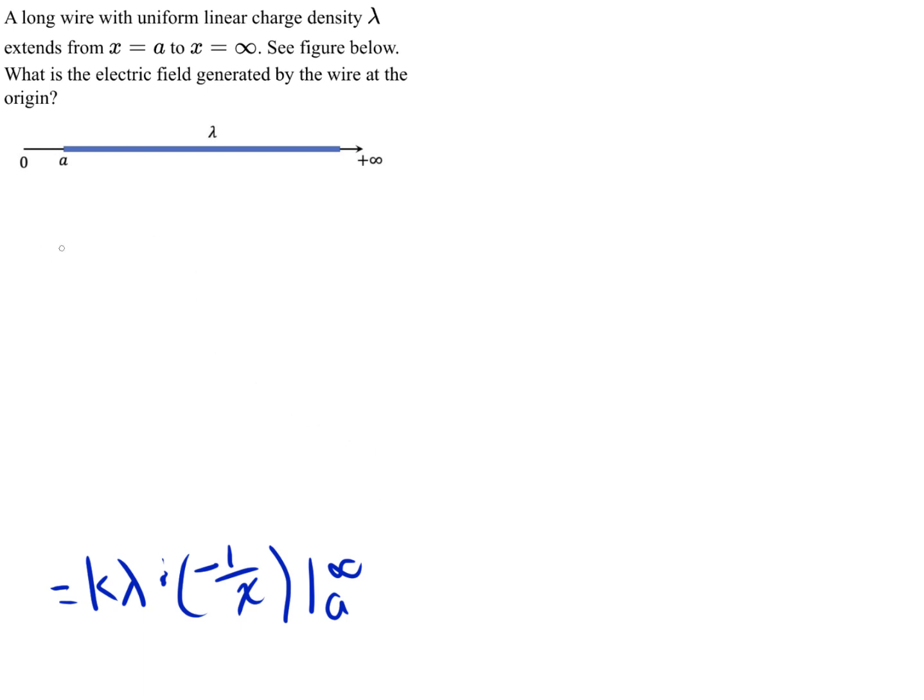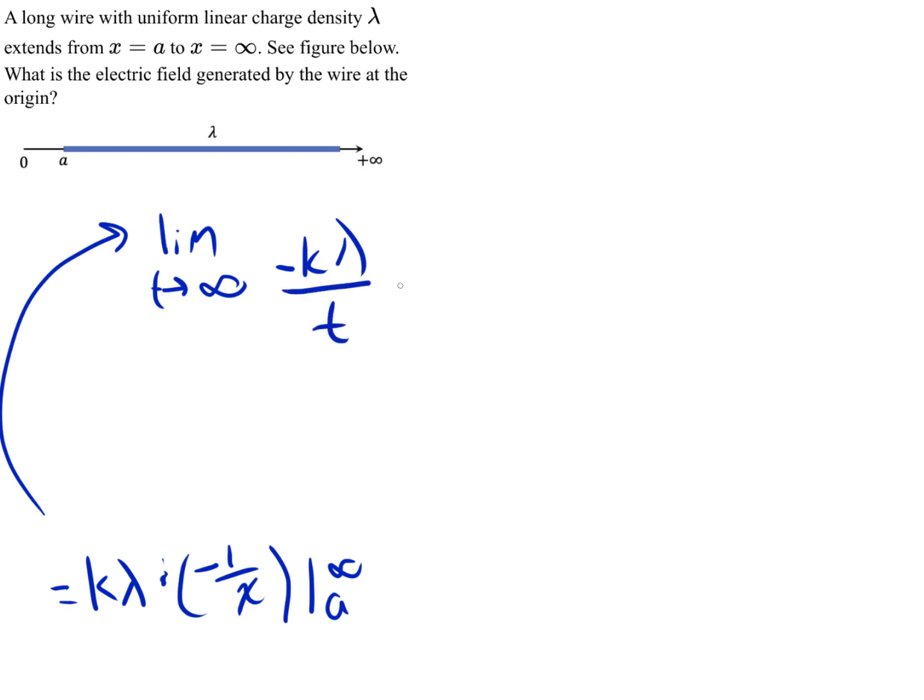So this becomes the limit as t approaches infinity of negative k lambda divided by t, and we're going to add k lambda divided by a.